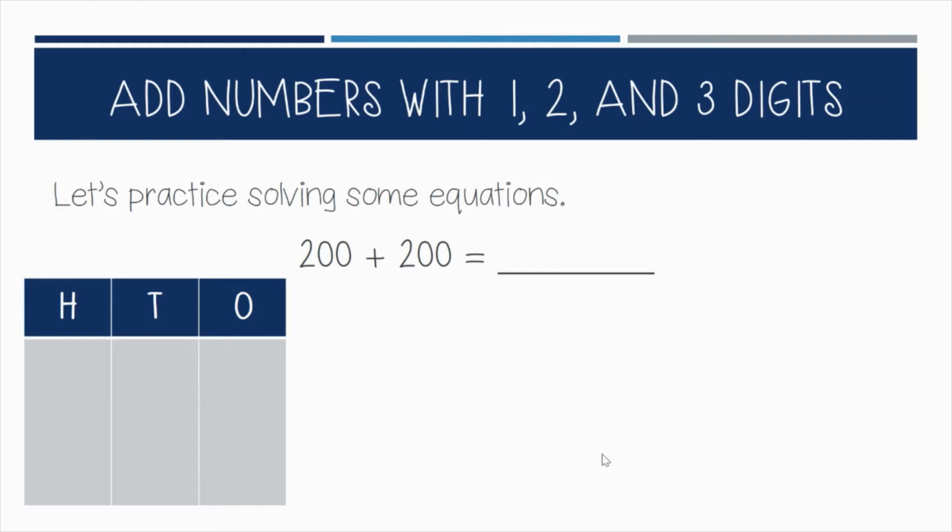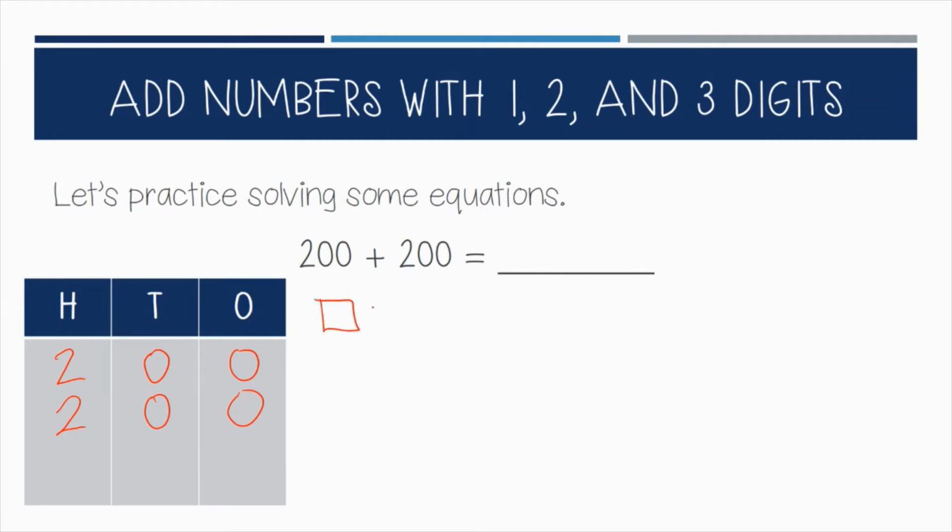So first of all, we have the equation 200 plus 200. Now I can rewrite that vertically, and I would put a 2 in my hundreds, a 0 in my tens, and a 0 in my ones for my first addend. And then my second addend is also 200. So I would write 200, putting a 2 in my hundreds, a 0 in my tens, and 0 in my ones.